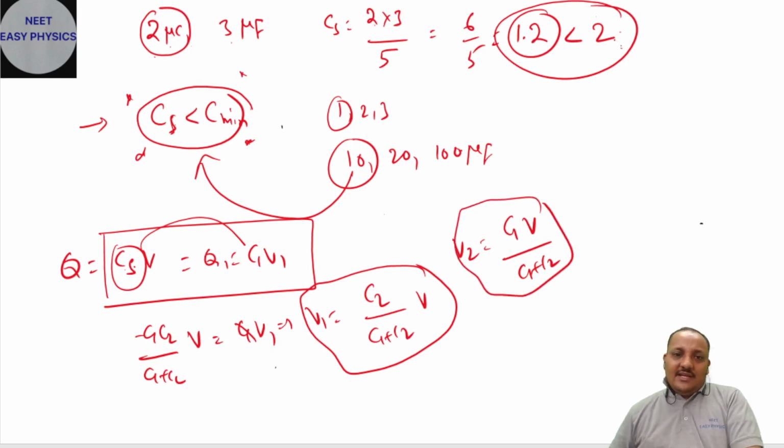Like that, if three capacitors are connected, we have to replace this CS. So 1 by CS is 1 by C1 plus 1 by C2 plus 1 by C3.